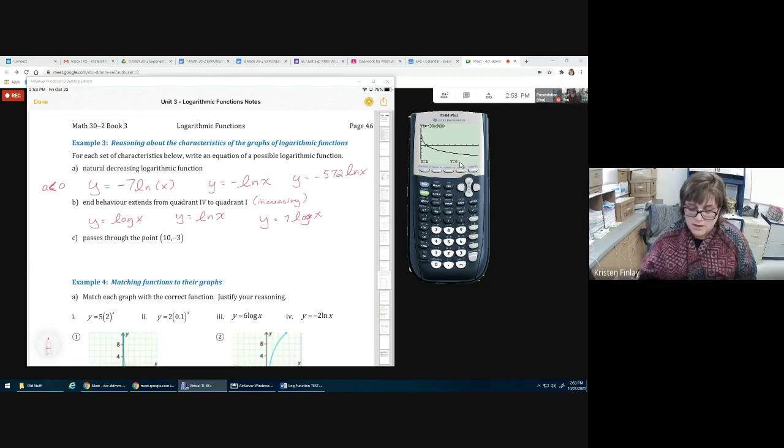As long as a is greater than 0. Passes through the point (10, -3). So that means this would be our x value and this would be our y value. So how do we know where it's going to go?